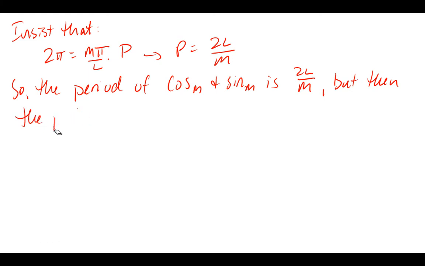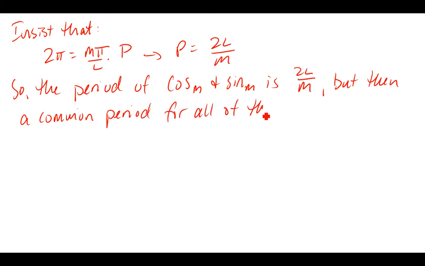But a common period for all of them is 2L. You have to think about that for a second. I don't want to overly document this, since it's just logic if you think about it.